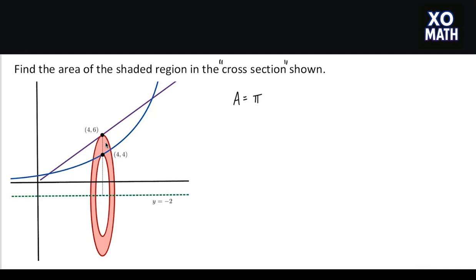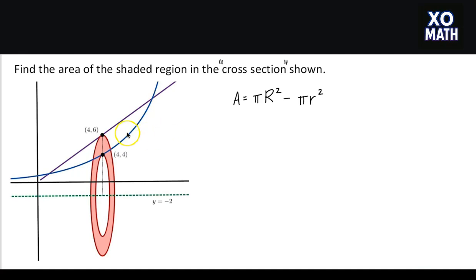So we're going to have pi times, let's call it capital R squared, because we have a big circle with a bigger radius, minus the area of the inner circle, which we'll call pi times little r squared. So I'm going to need to find that big R, the radius of the bigger outer circle, and subtract the area of that smaller inner circle.